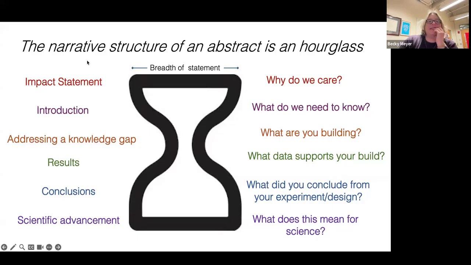Oh, yes. You say, what does this mean for science? It is the human practices. I think that's a reference to iGEM. You can correct me, Nash, if I'm wrong, but I think that's a reference to the human practices requirement of iGEM teams.